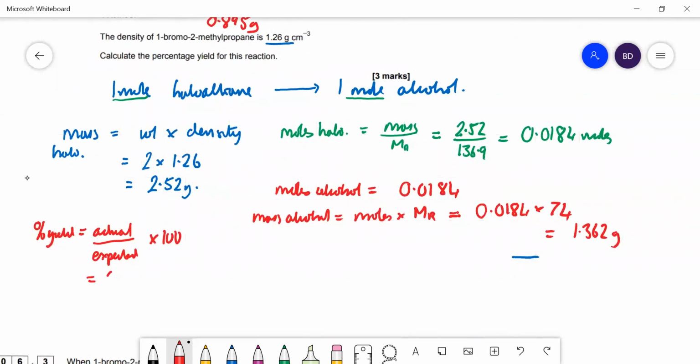So 0.895 divided by the expected amount, 1.362, multiplied by 100. That gives us 65.7% yield. Okay.